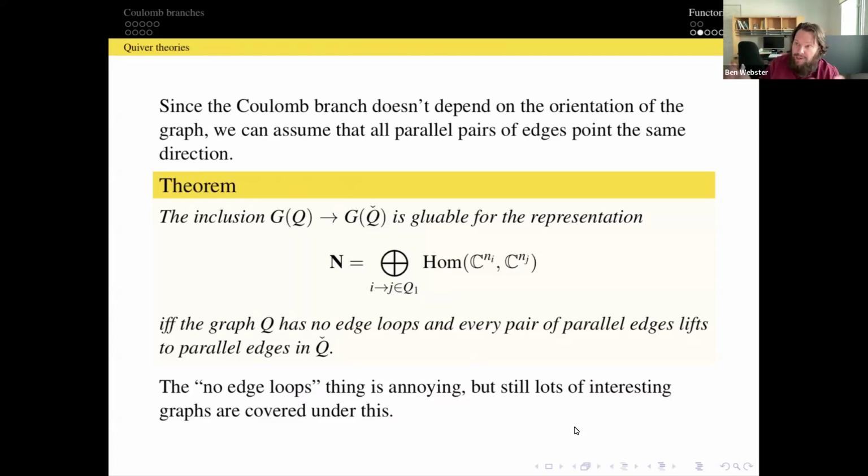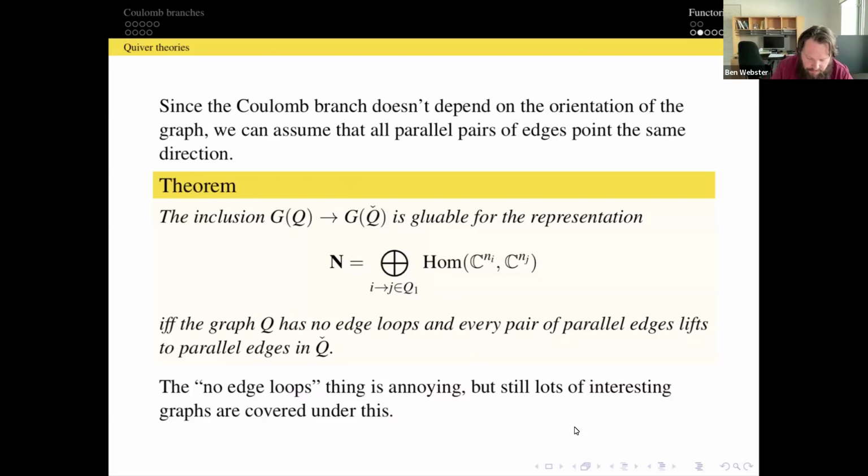So I get a bigger product of GLNs acting on the same vector space. So I get a situation where I have a reductive group, the product of GLNs for Q check, and inside there I have a subgroup, the product of GLNs for Q. And it's often easier to figure out what the Coulomb branch is for this more dismembered quiver, and then try to stick it together by getting rid of some of the gauge group.